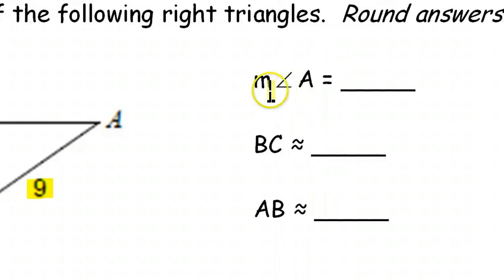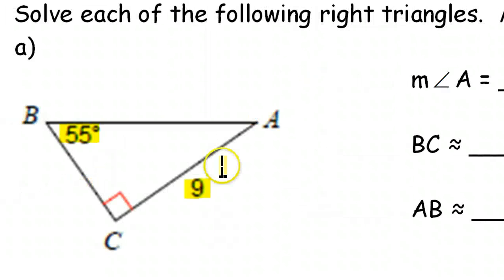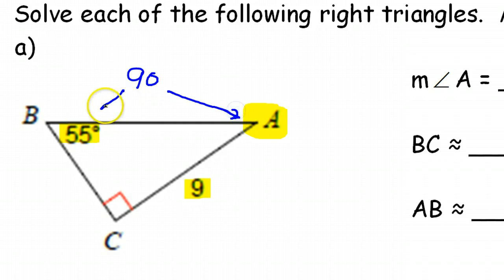So, let's say we want to go after angle A. Angle A is right here. Well, I don't even need a trig function for that. You know that all of the angles in a triangle have to add up to 180. This is already 90, which leaves 90 more degrees to be shared between these two angles.